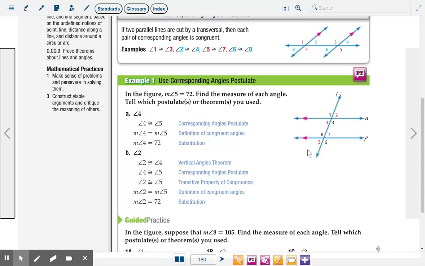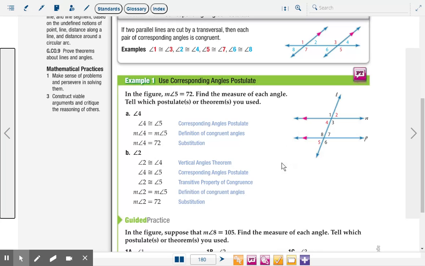So if 5 is 72 degrees, 4 is 72 degrees. Then it says find the measure of angle 2. Well, let's see. 5 is here. 4 is congruent. 4 is 72. And 4 and 2 are verticals. Sure enough, 4 and 2 are congruent. 5 was 72. 4 is 72. So 2 is 72.